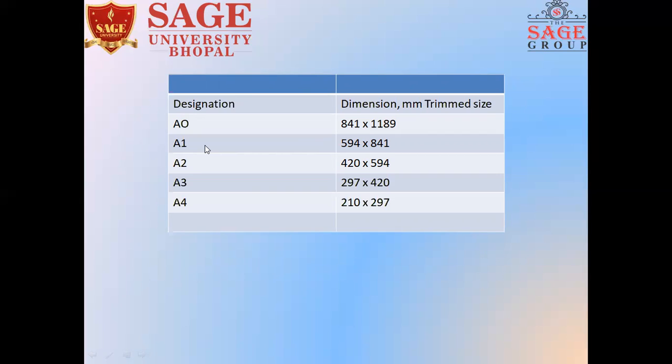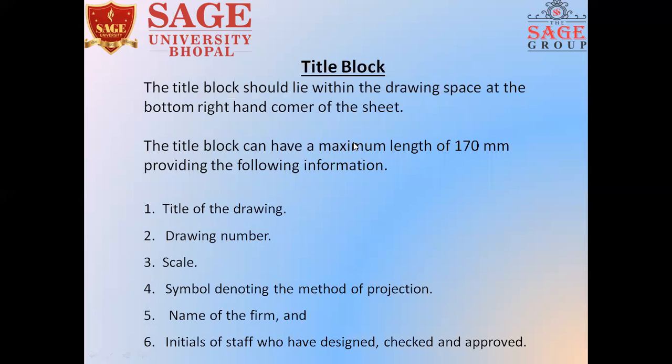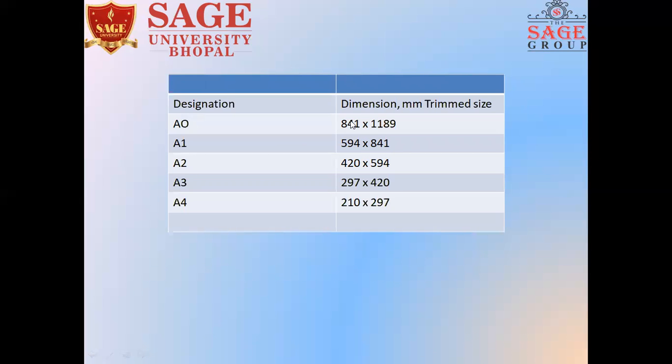When we talk about the A1 sheet, you take 1189 divided by 2, which is approximately 594. So just half. Now you write 594 and 841. So the second sheet is 594 by 841.